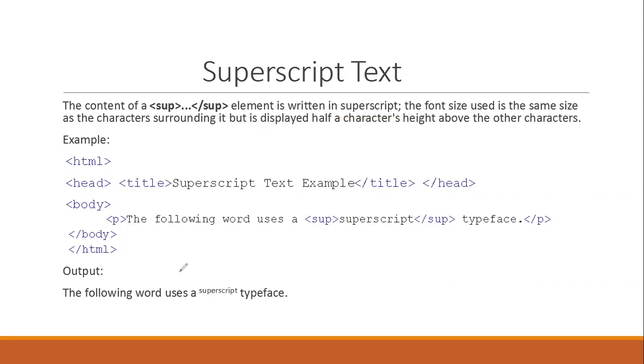Like, see over here, over the A, there is a superscript written. It is slightly upside, which you use in power functions. In mathematics, we use it in power functions, raised to power. So when we are writing a number above the number, we will use SUP.